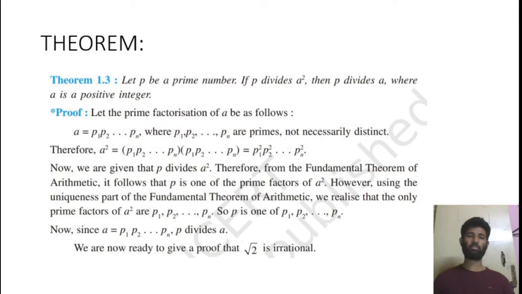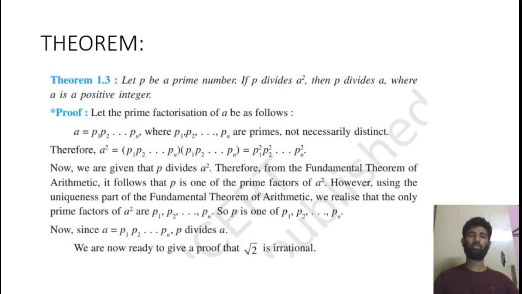Now by the fundamental theorem of arithmetic, a composite number can be expressed as the product of primes. So here we can express a as a product of primes, which is unique. If we square both sides, we get a square is equal to the square of the product of primes.